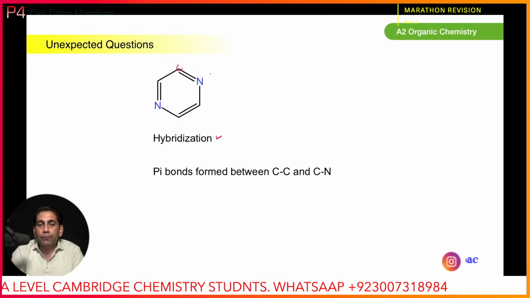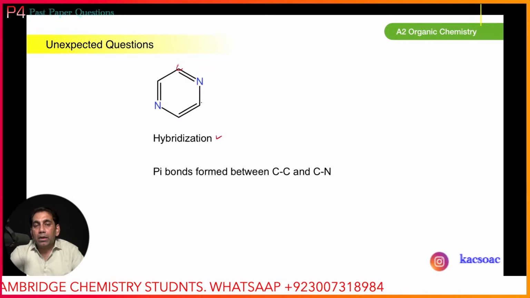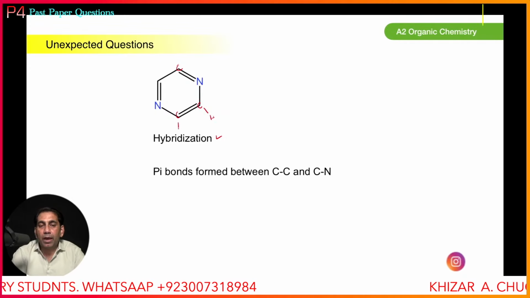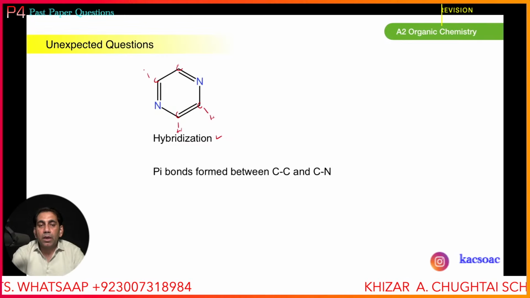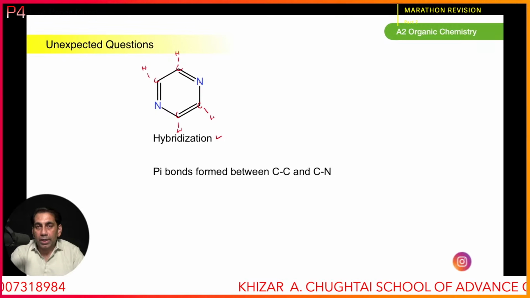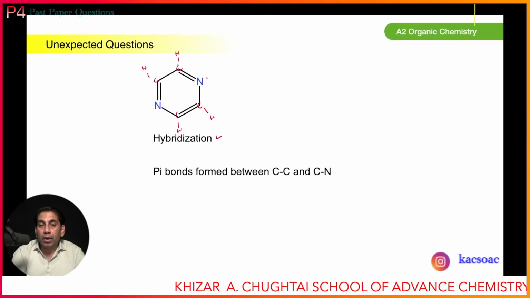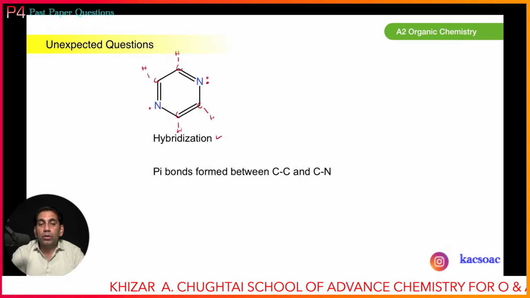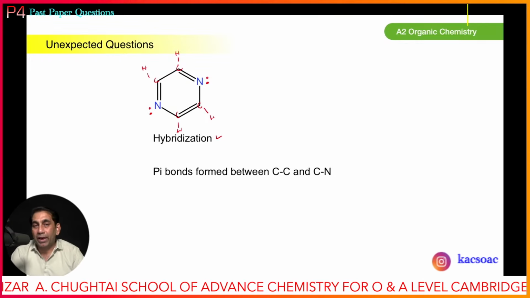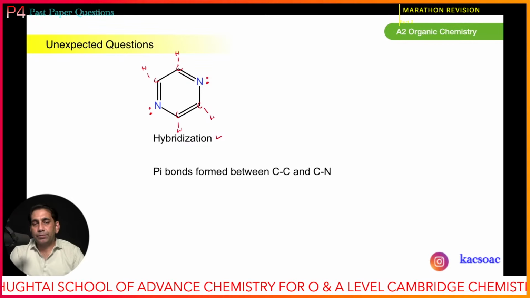It's very simple. First of all, mark hydrogens for your own convenience where it is feasible, at the terminal of carbons. And second thing, there's no hydrogen on the nitrogen. Third, mark lone pairs on nitrogen, on oxygen, or any other electronegative atom where it is feasible.